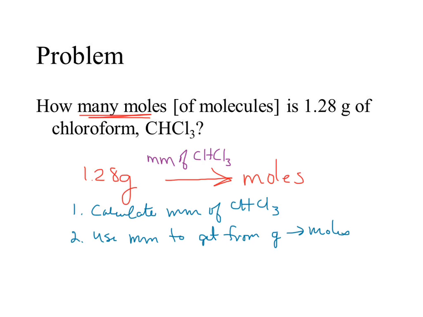And sometimes students don't take me at my word, and you must show this, for 2 reasons. One is because it's good to show your reasoning behind getting from 1.28 grams of chloroform to moles of chloroform. And the other thing is it can save your butt, because if your finger slips on adding up the weights and everything for CHCl3, then I can see that and it makes more sense, and you can definitely get most of your credit.